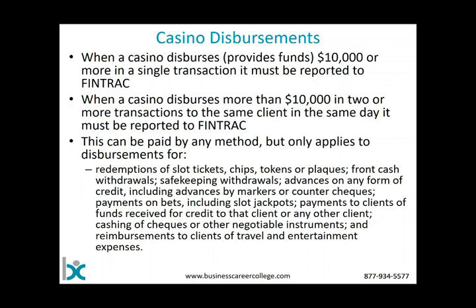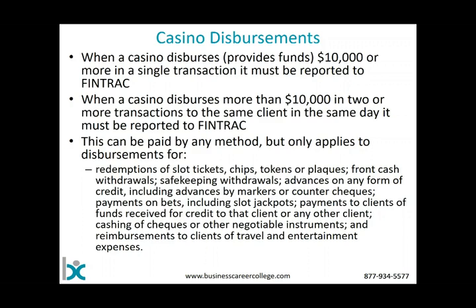It specifically applies to the redemption of slot tickets, chips, or tokens, so proceeds of gambling, front cash withdrawals, safekeeping withdrawals, or cash advances of any kind. It also includes lending against a check, payment on a bet, payment from a slot jackpot, or payment received from credit.